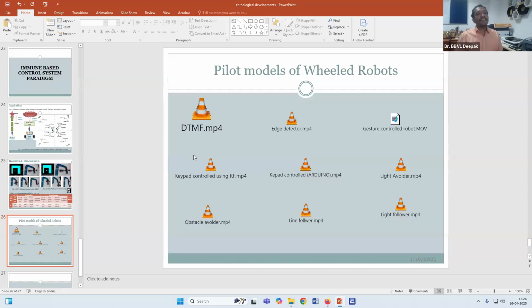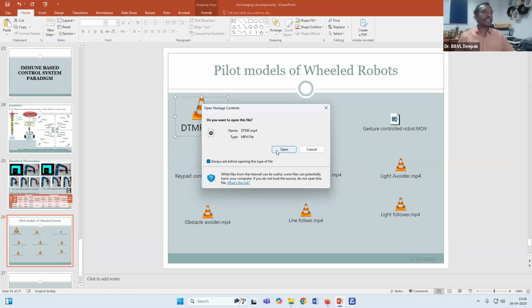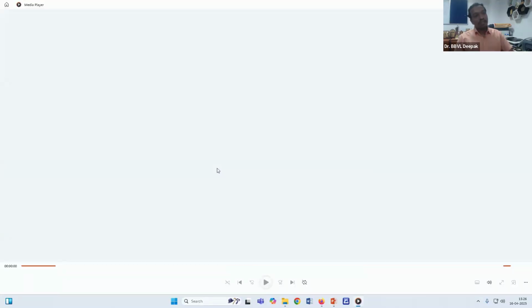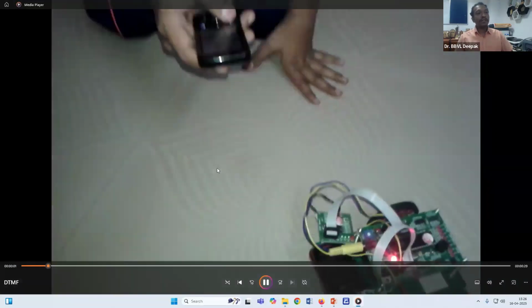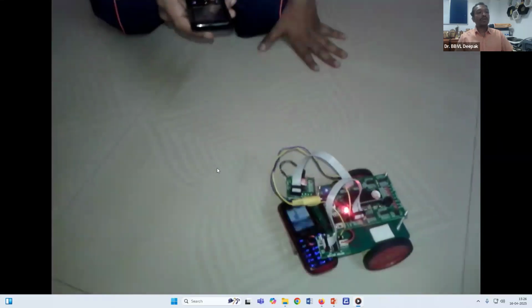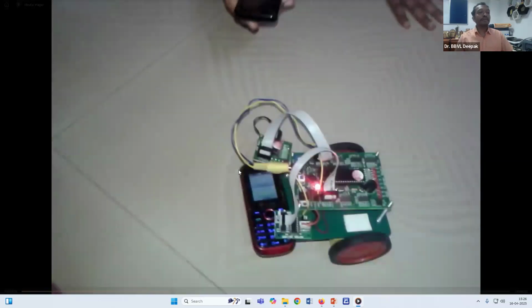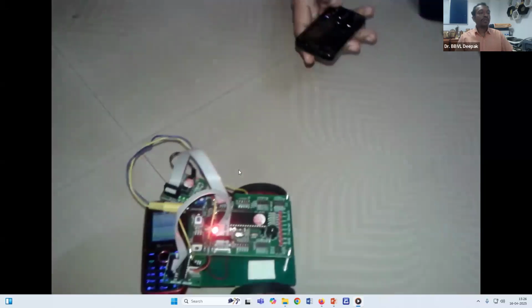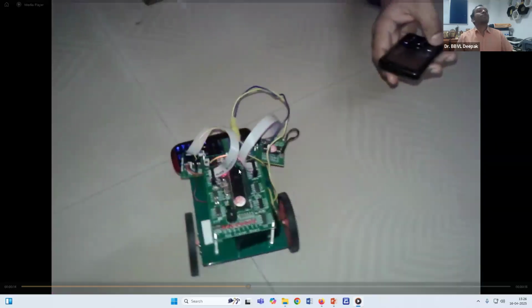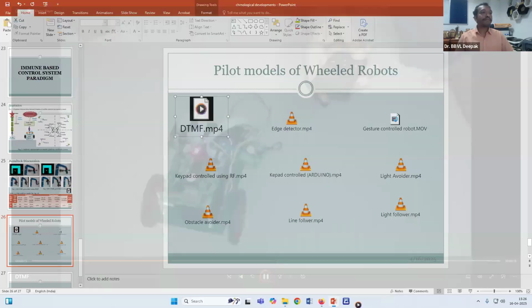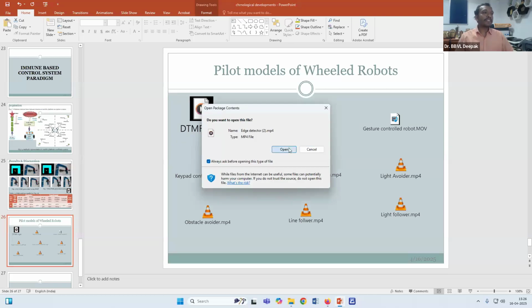Not only that, there are various small student project-based robots you can observe here. One is a DTMF-inspired robot, which can operate with the support of DTMF signals from a small phone. Then this is a kind of edge detector.